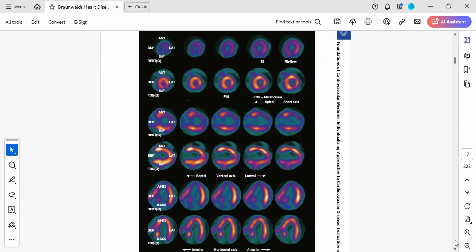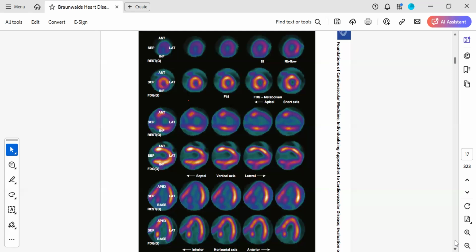So let me quickly give an overview concerning PET. It is an established non-invasive method of evaluating myocardial perfusion and viability, and it can assess both perfusion and metabolism. The mechanism is that ischemia shifts myocyte metabolism preferentially to glucose from fatty acid.